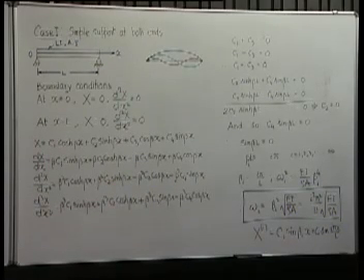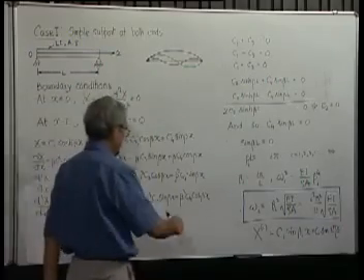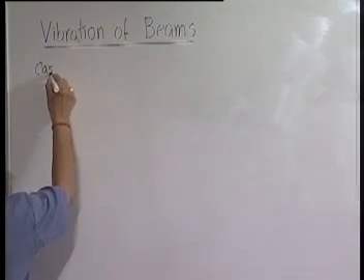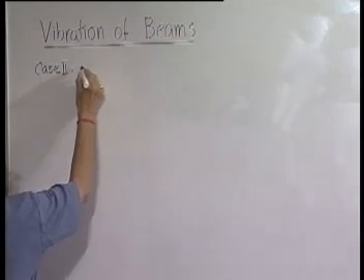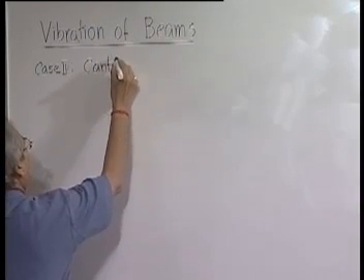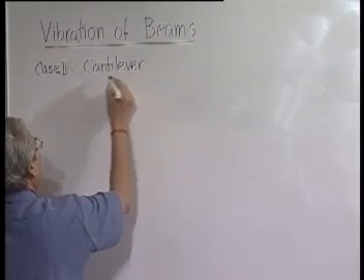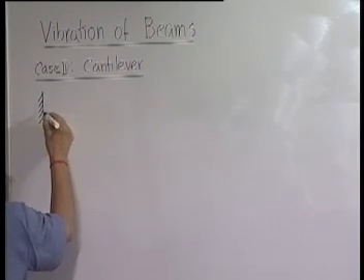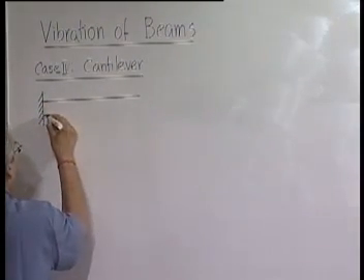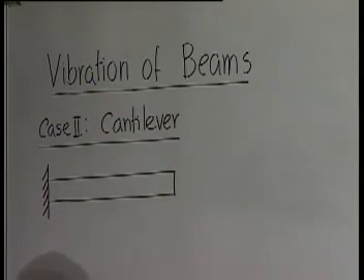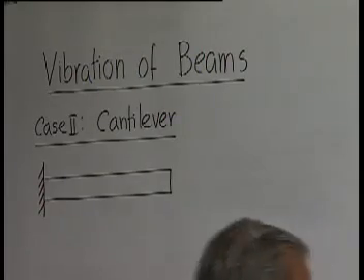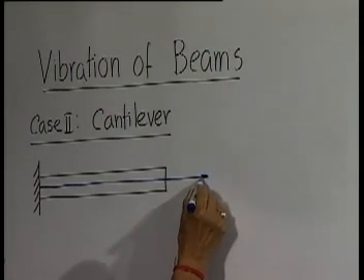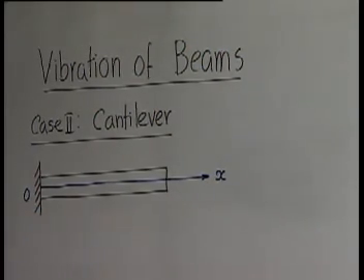So if you want to consider a few other cases, I will just, without going through the detailed solution, let us consider the second case, which is another very commonly found situation that we call cantilever.